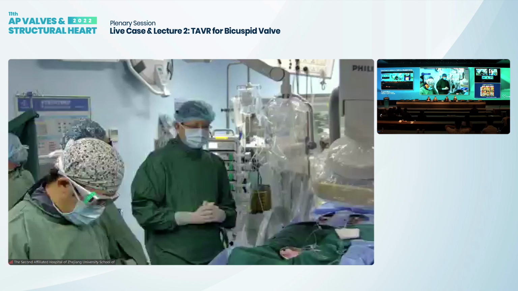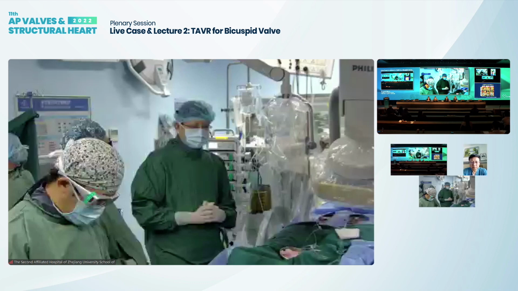It's about half. For those patients with type zero bicuspid with very severe leaflets, maybe the fully expanded rate is half and half. Okay, maybe you can go ahead and do the procedure.